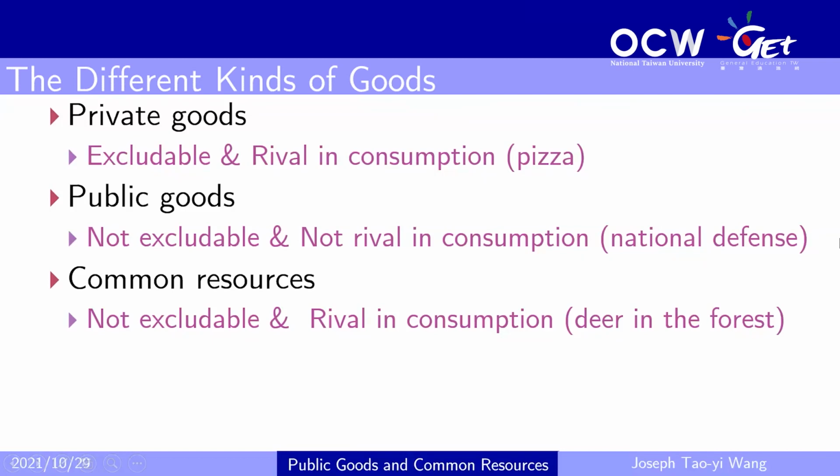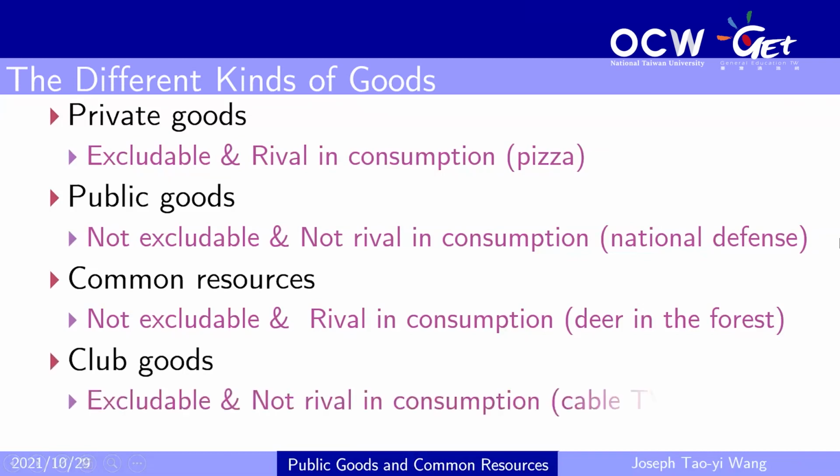Anybody can hunt the deer in the forest. But if I hunt down one deer, then you cannot have the same deer. Actually, there were a lot of deer in Taiwan like 100 years ago, but they all went extinct because there were too many people hunting for the leather of the deer. So that would be a good example of common resources that got overused because it's not excludable.